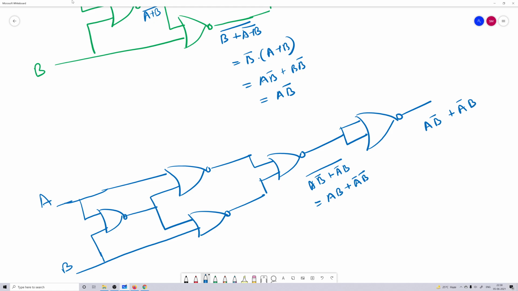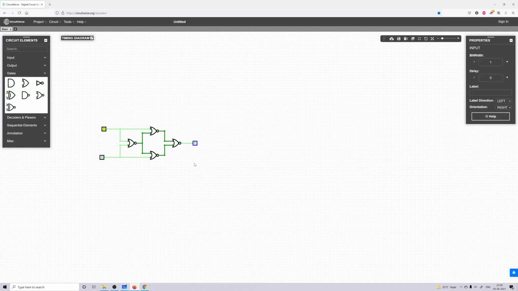Okay, so let us test this. We need one final NOR gate. Implemented this way.